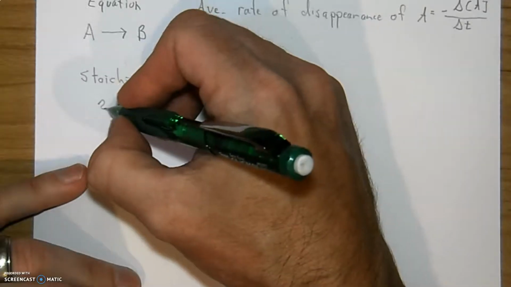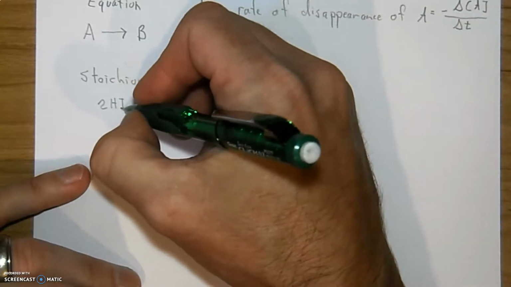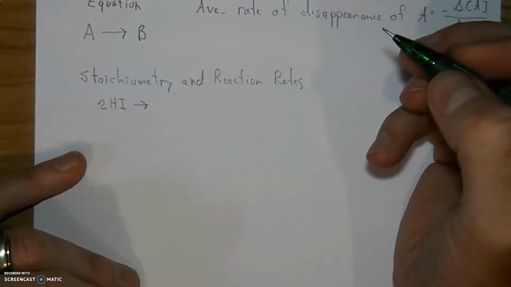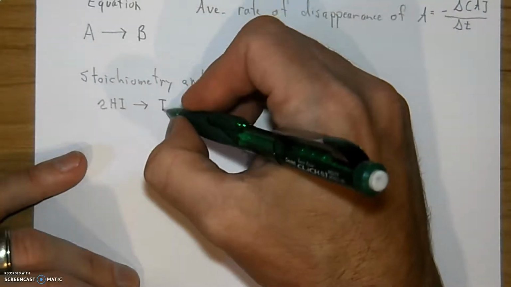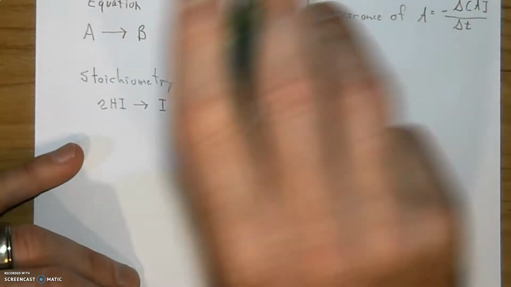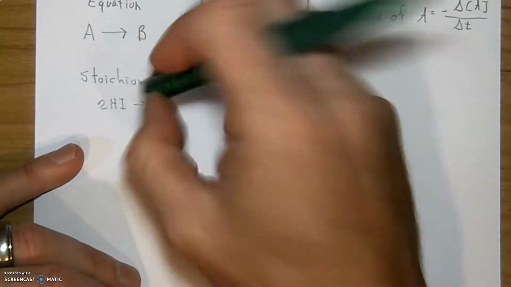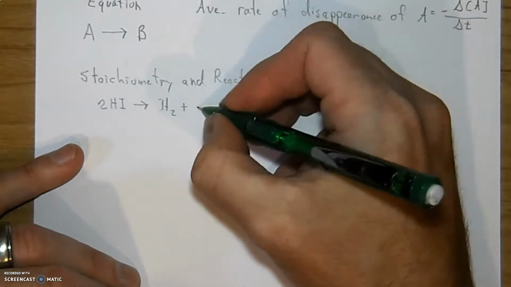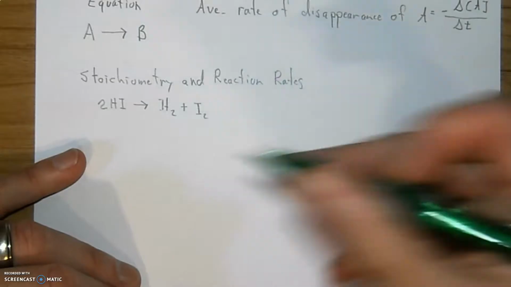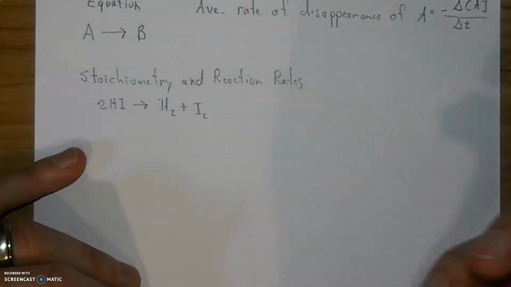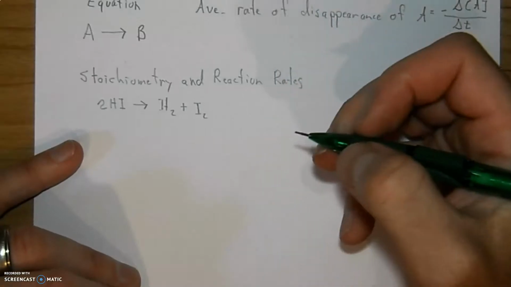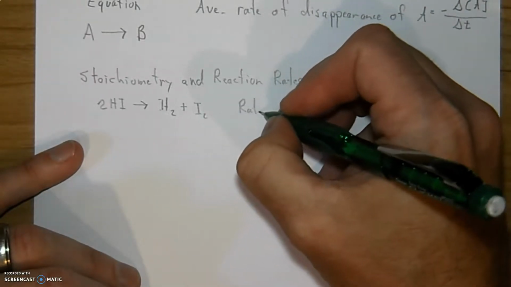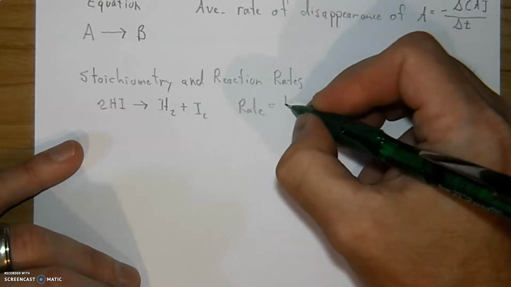In this particular example, we'll see this one pop up a few different times. The disappearance of hydrogen iodide forming, I just want to write the hydrogen first, H2 plus I2. So looking at the disappearance of the hydrogen iodide into hydrogen gas and iodine. So how the rates compare to each other. And we'll talk about this here in a second.